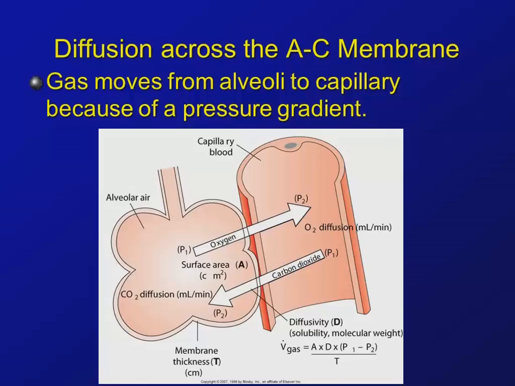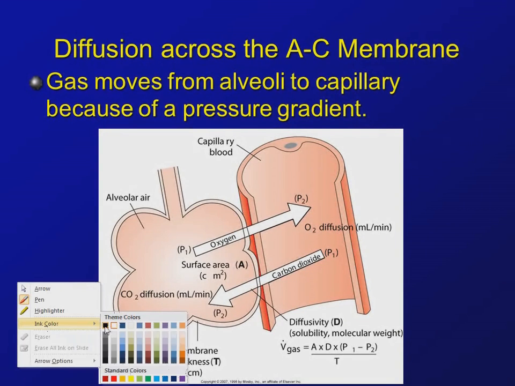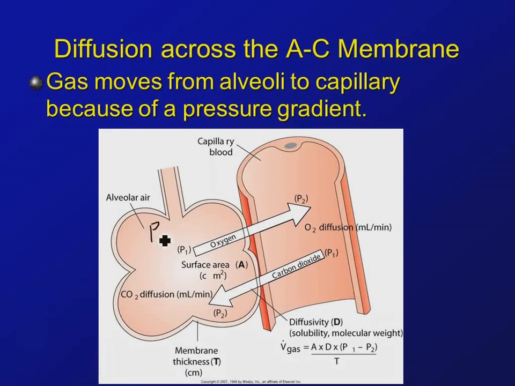We know that all gas movement is due to a pressure differential. Let me back up here. We said that there's some amount of oxygen which is present within the alveolus. We're going to call that the partial pressure of alveolar oxygen.